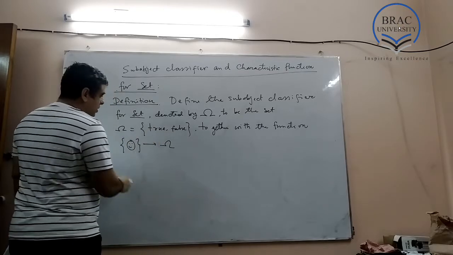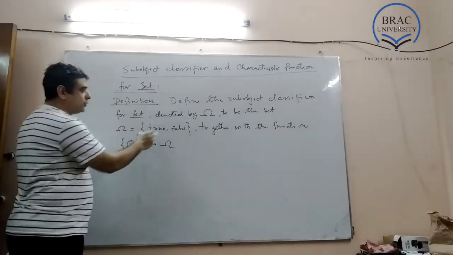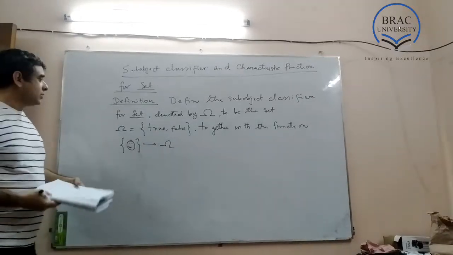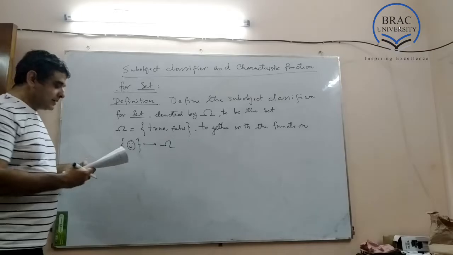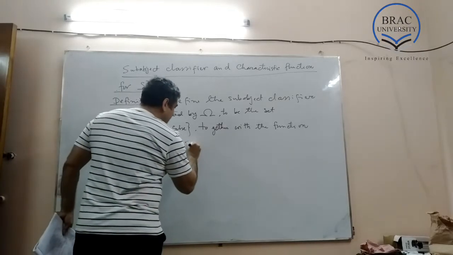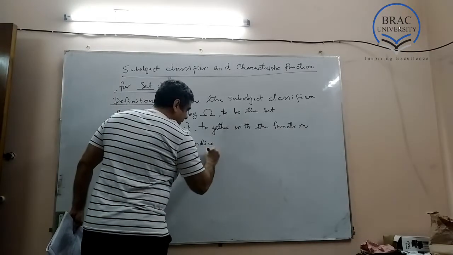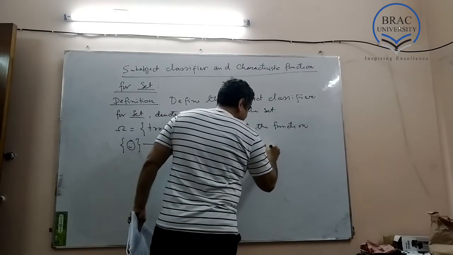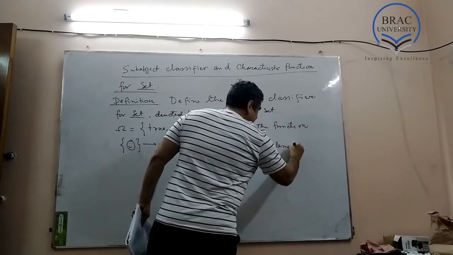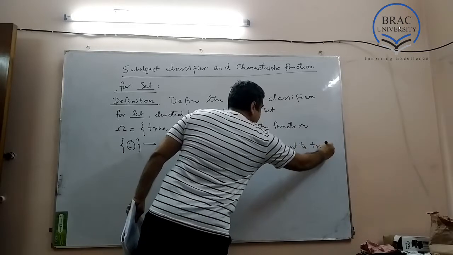Okay, so this guy always gets mapped to the true element of this subobject classifier, sending the unique element to true. This is the notion of subobject classifier.